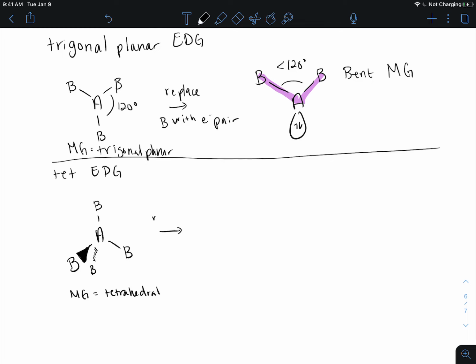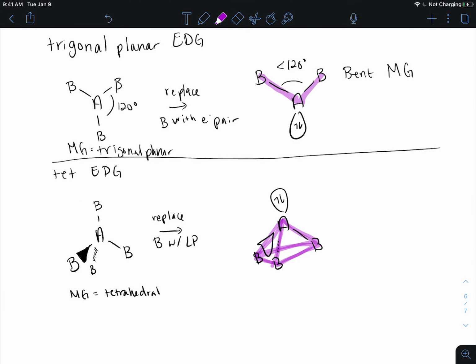Now let's go and replace B with a lone pair, and we get this structure right here. And again, looking at our structure, we get this right here.